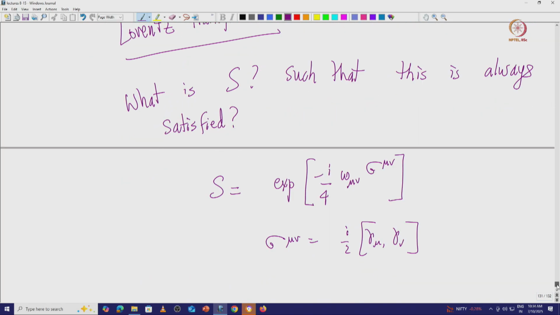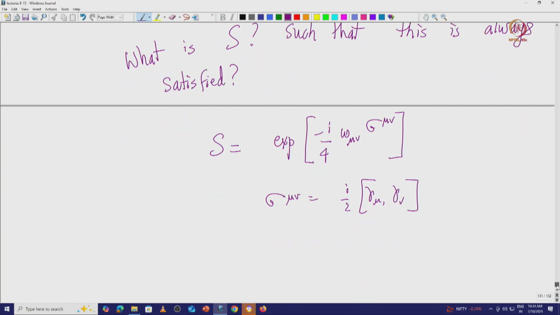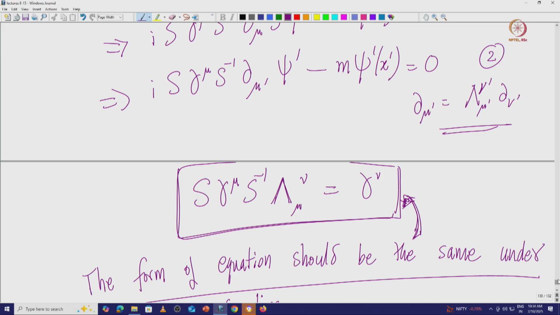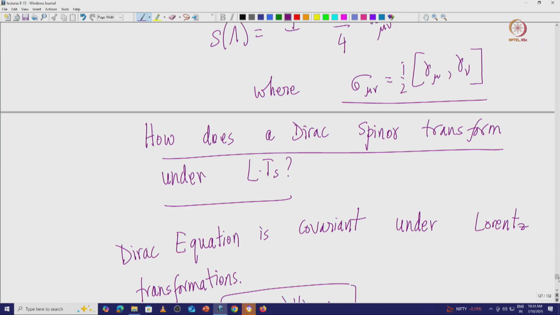And that's it. If you have this form, this remains valid, and the Dirac equation is covariant under Lorentz transformations.